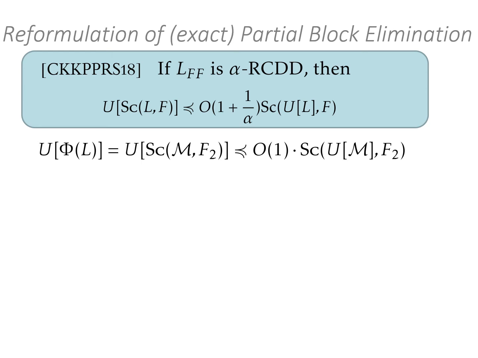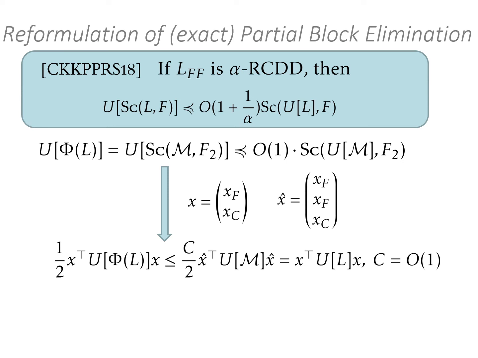As the upper left block of M is O(1)-RCDD, we can show the symmetrization of the partially block eliminated Laplacian of L, which equals the symmetrization of the Schur complement of M, can be bounded by the Schur complement of the symmetrization of M. Then, using the structure of M, we can show the symmetrization of the partially block eliminated Laplacian of L can actually be bounded by the symmetrization of L itself.